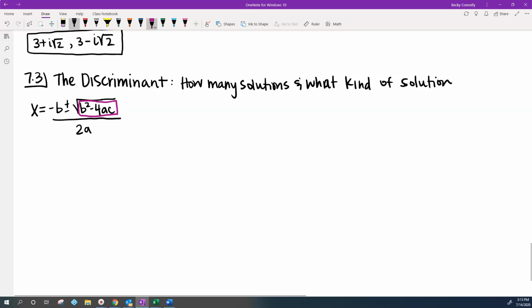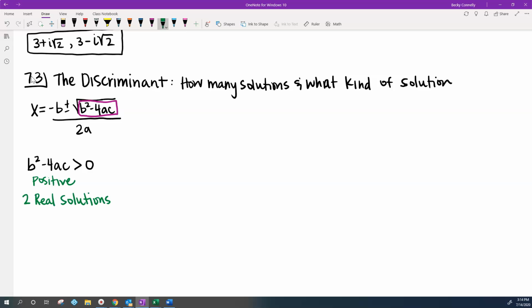And so let's talk about what kind of solutions we might end up with. So when we have b squared minus 4ac greater than 0, meaning it's positive, we get a positive answer. Then you're going to end up with 2 solutions. And these solutions, we'll talk about them a little bit more, they're going to be 2 real solutions.